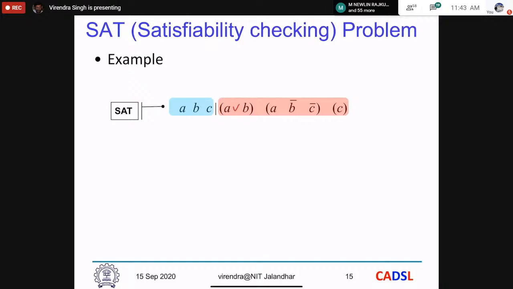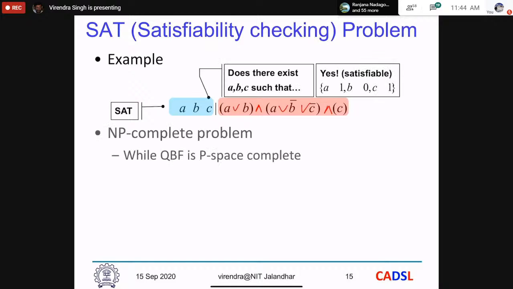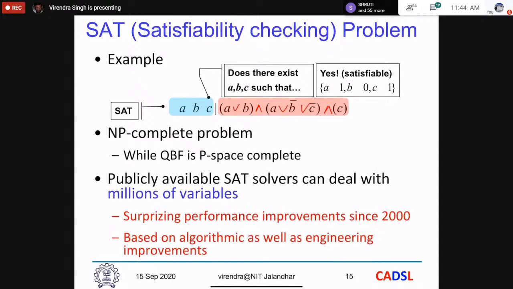We can define the satisfiability problem like this: suppose there are three variables a, b, and c, and this is my formula or function f.